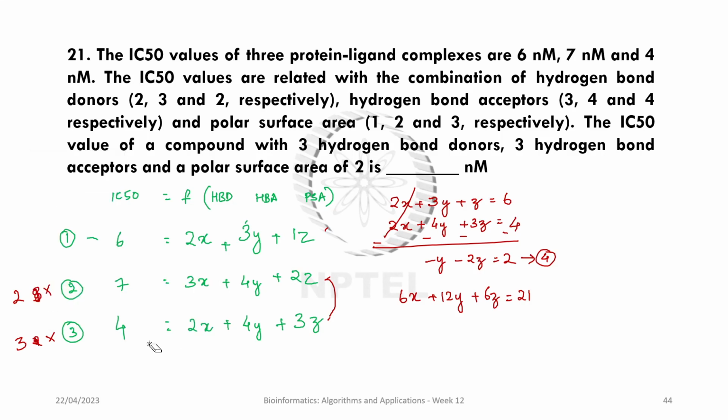I'm sorry about the errors. And so that we have 2 into 3 6 and 3 into 2 6 to eliminate.